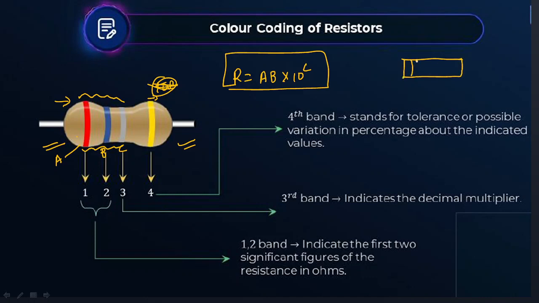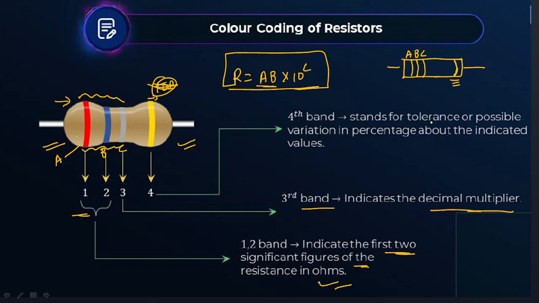Now these are 3 bands A, B, C. From inside we have to move, and there is one band on the other side, a lone band. So this indicates how much deviation or error. Here the first 2 bands indicate the first 2 significant figures of the resistance in ohm, AB. And the third band indicates the decimal multiplier, meaning 10 to the power C, right?